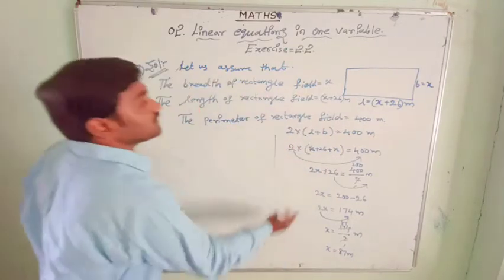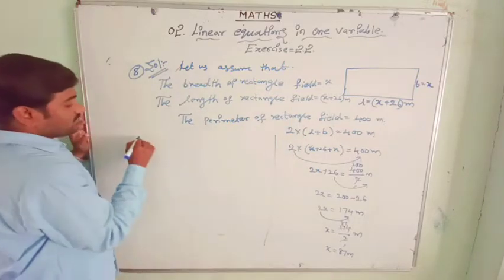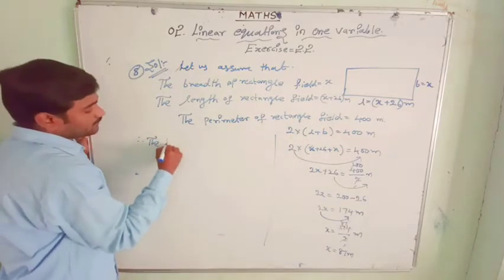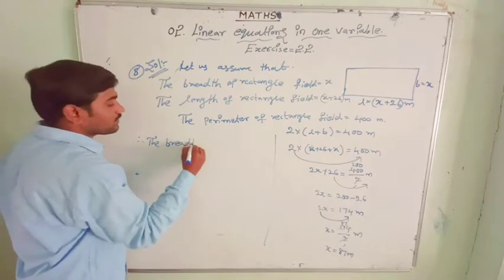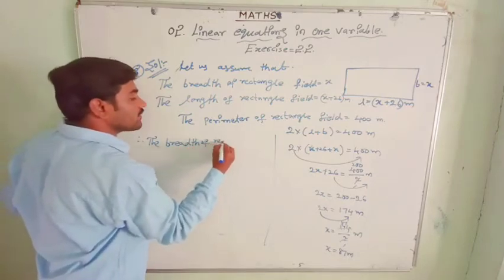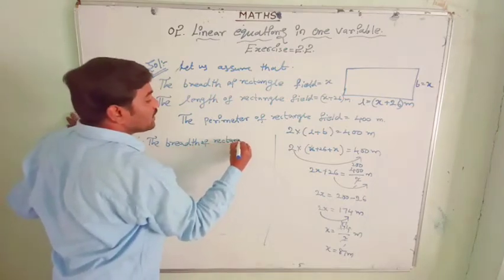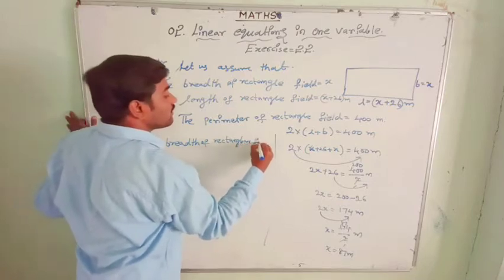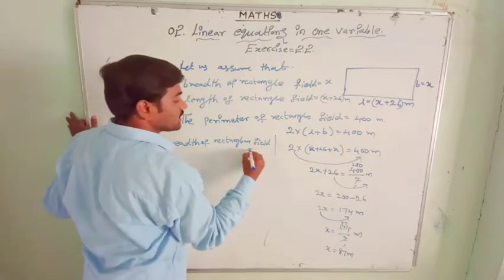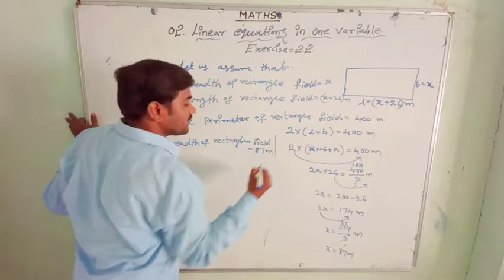What is x here? The breadth of the rectangular field. Therefore, the breadth of the rectangular field is equal to 87 meters.